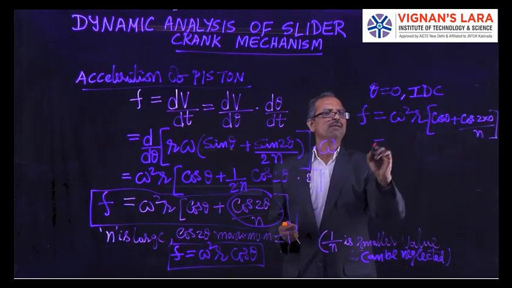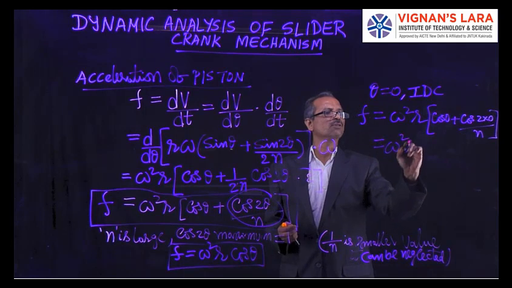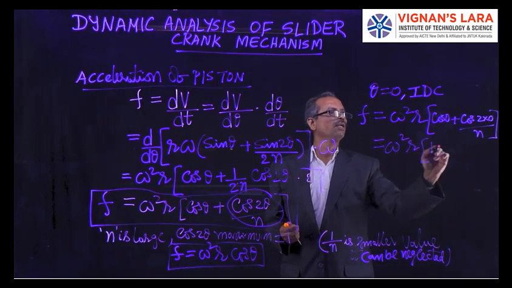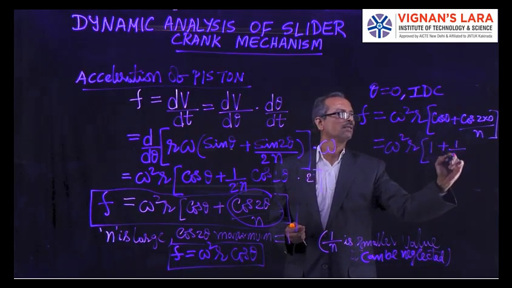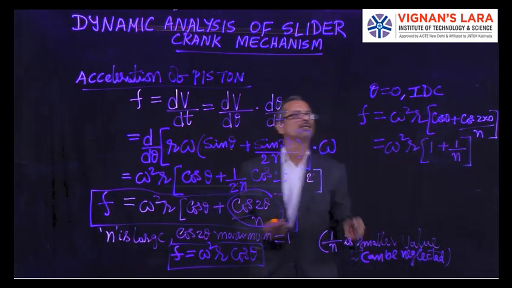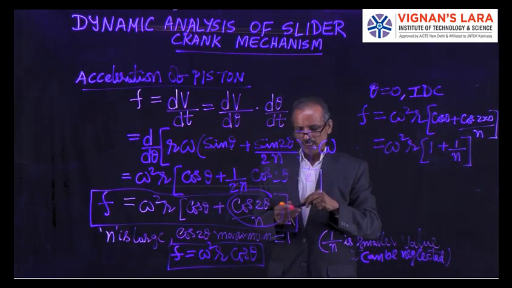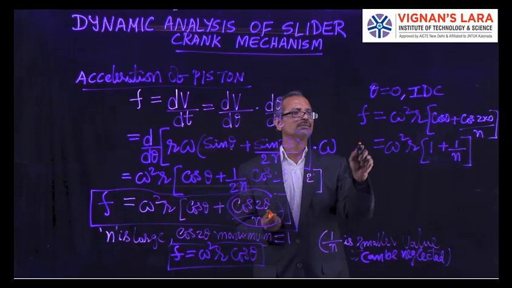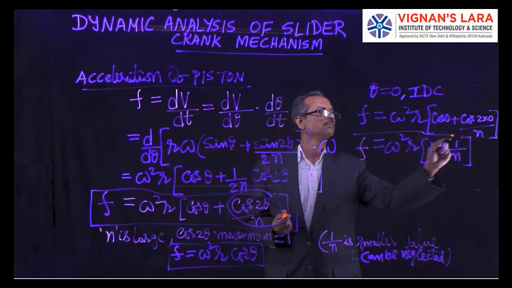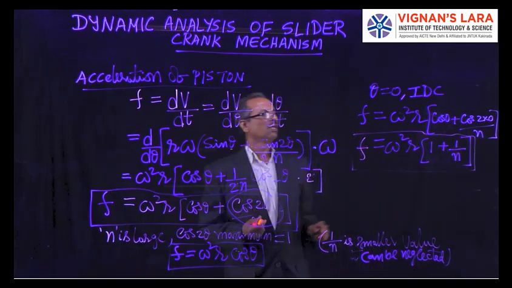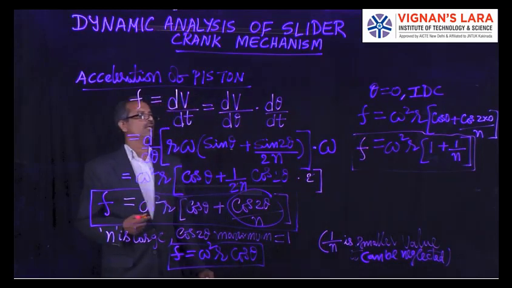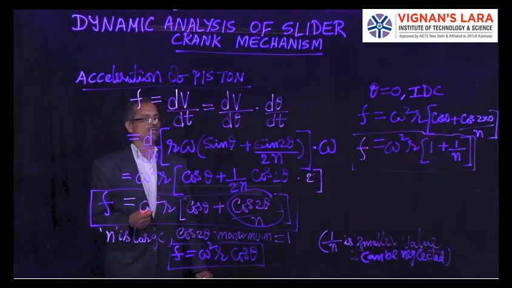So this can be written as omega square r into 1 plus 1 by n. This is a separate case. F is equal to omega square r into 1 plus 1 by n.